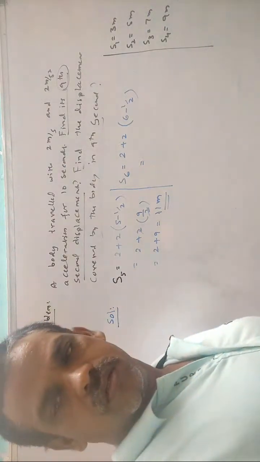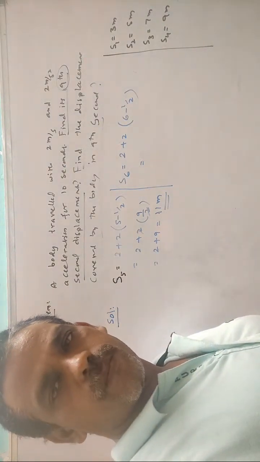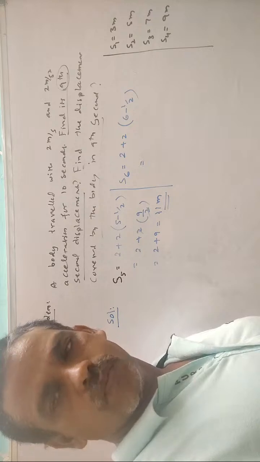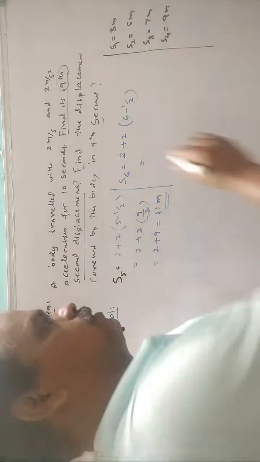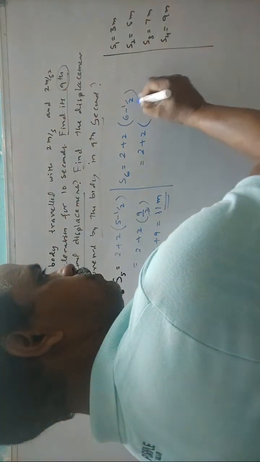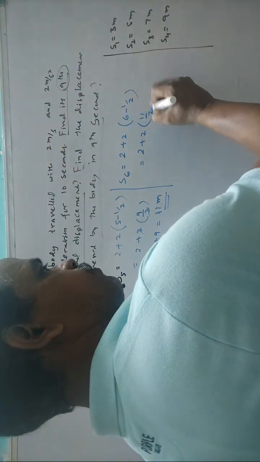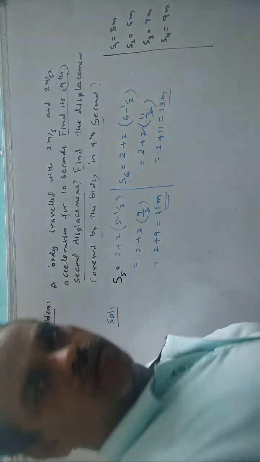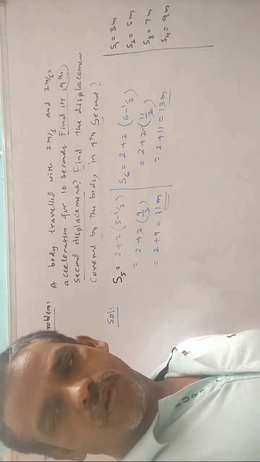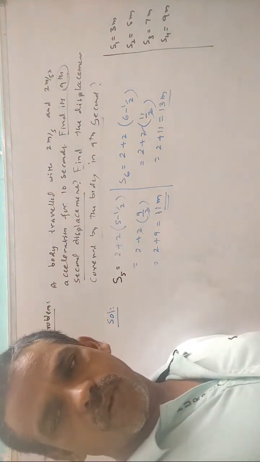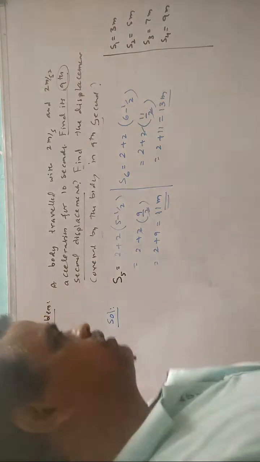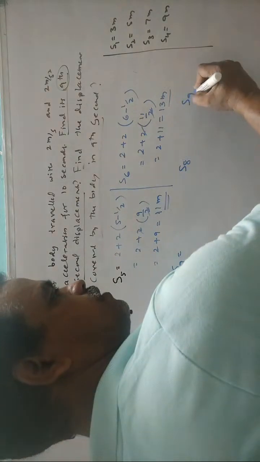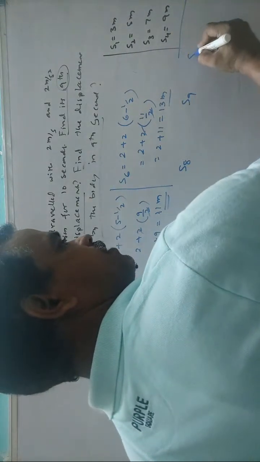Message me fast. 2 plus 2, 11 by 2, 2 cut, 2 plus 11, that is equal to 13 meter. Is it? Okay, very nice. Next, S7, calculate S8, S9, then calculate S10.